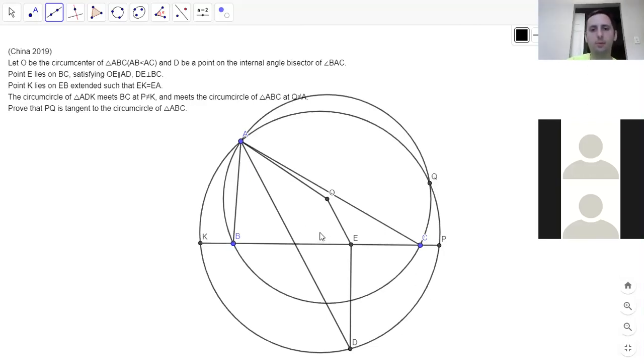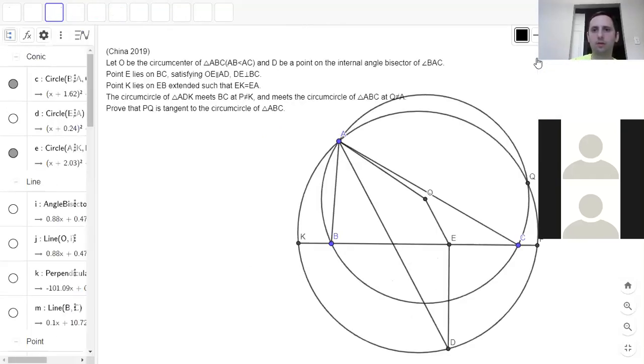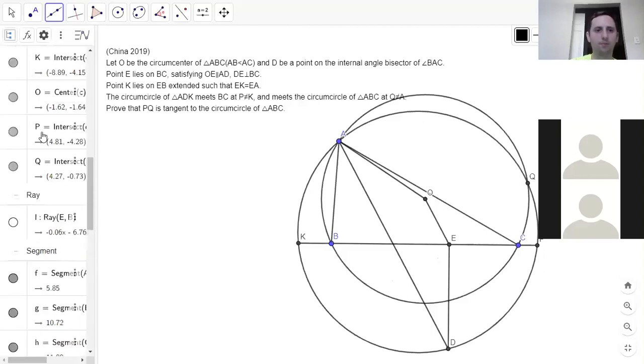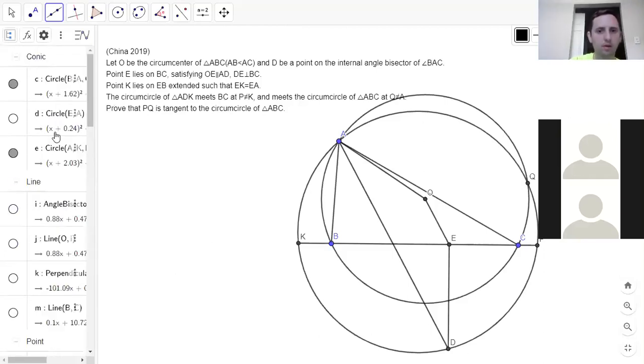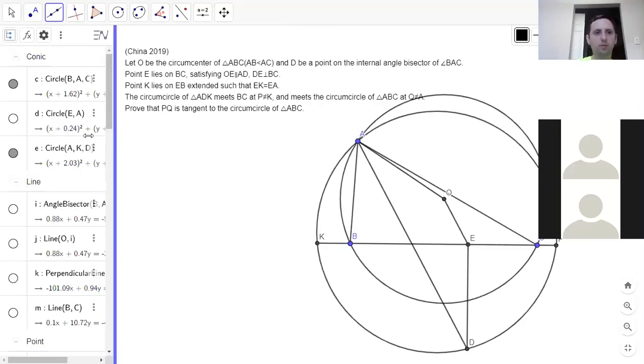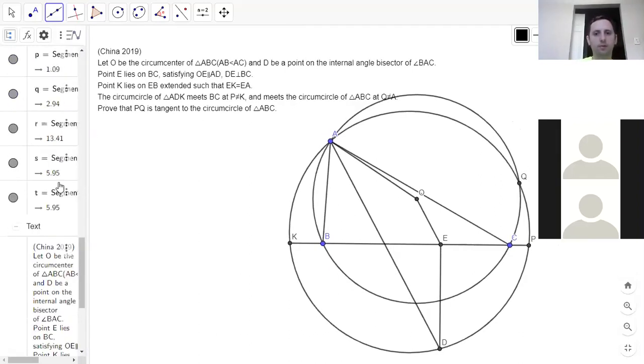So basically, maybe we want to draw the center. Let's draw AKD. What if we draw the center of circle E?